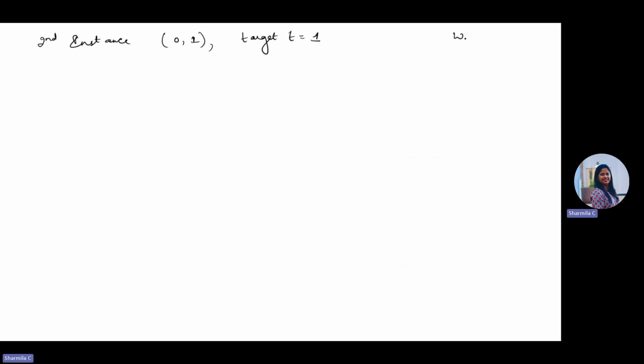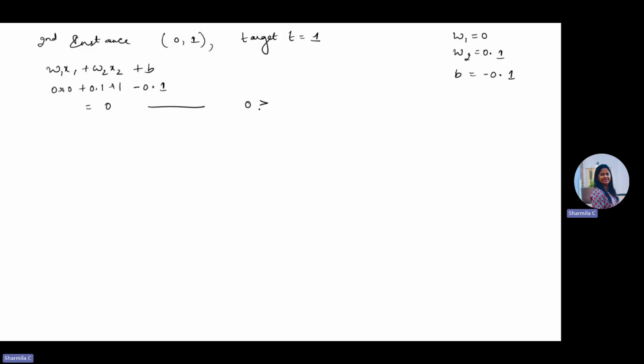The new updated values are W1 equals 0, W2 equals 0.1, and bias equals minus 0.1. So we need to find the weighted sum, W1 into X1 plus W2 into X2 plus B. So it is 0 into 0 plus 0.1 into 1 minus 0.1, which is equal to 0.